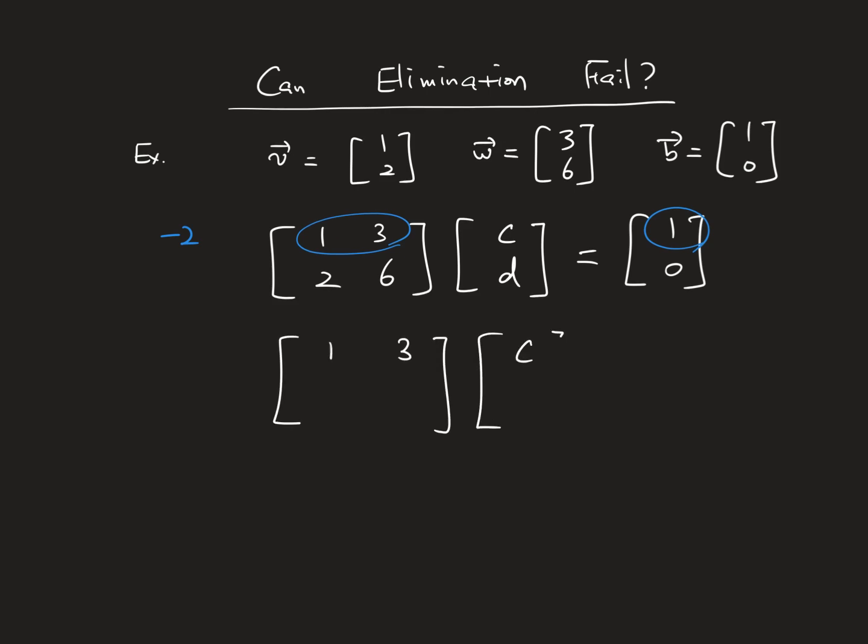So this part doesn't change. And then the 2 is gone, because this was eliminated, and this is 0. But the problem is 6 is also gone, because minus 2 times 3 is equal to minus 6, so this is gone also.